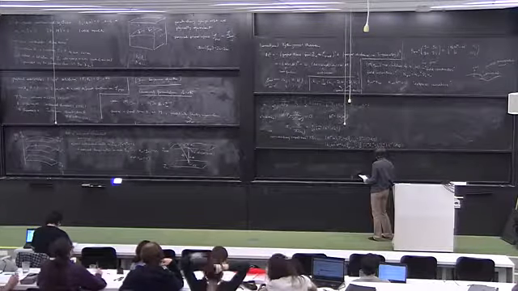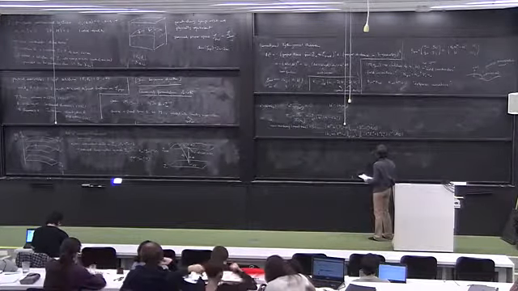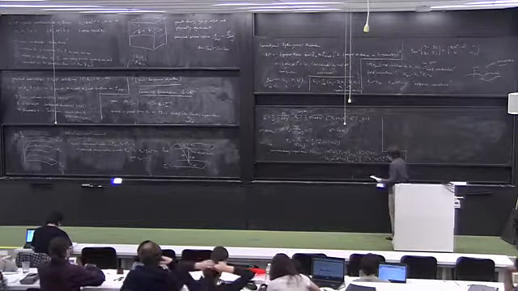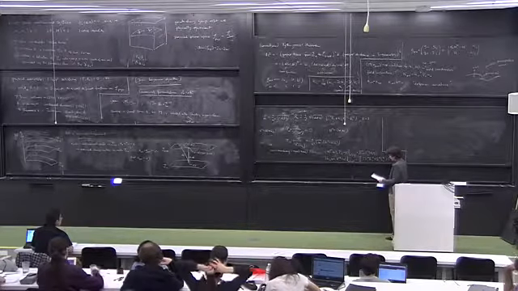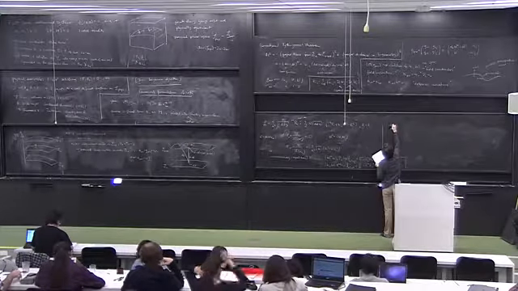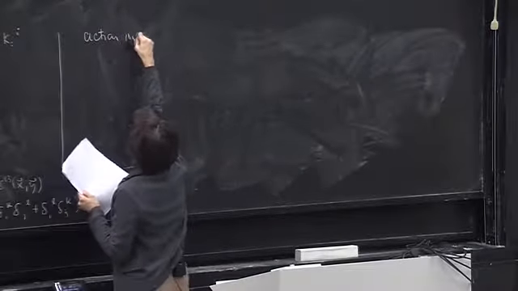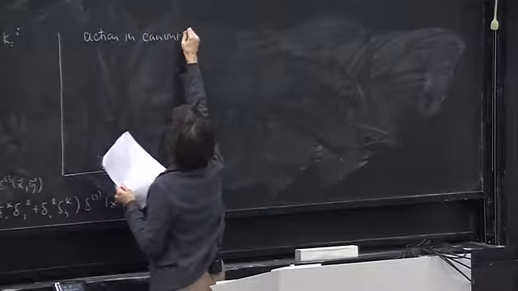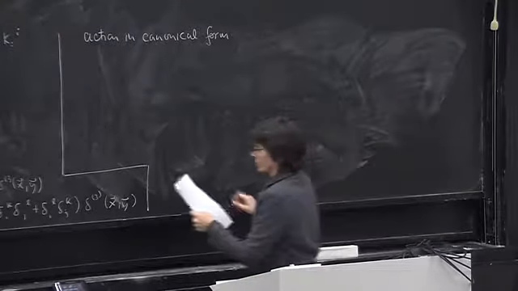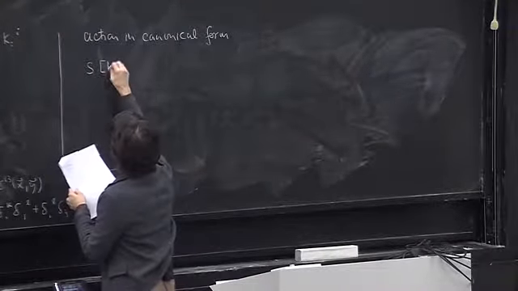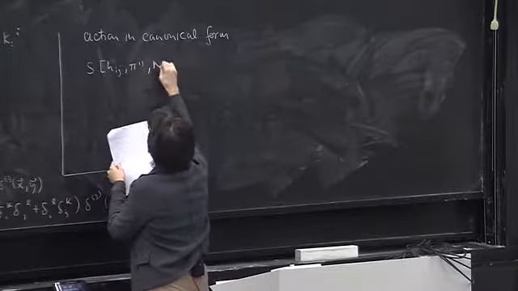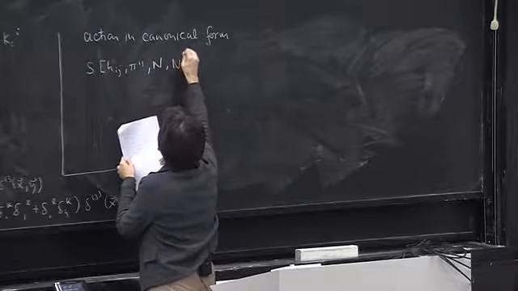And finally, now, what is the action in canonical form as a function of these? In canonical form, using already my Q's and P's here, it depends on h_ij, π^ij, N, and N^i.